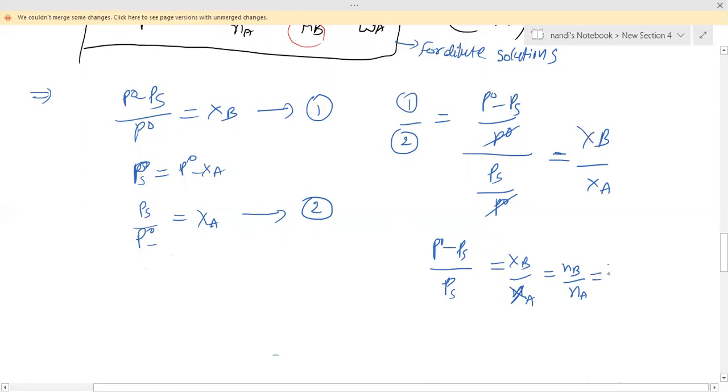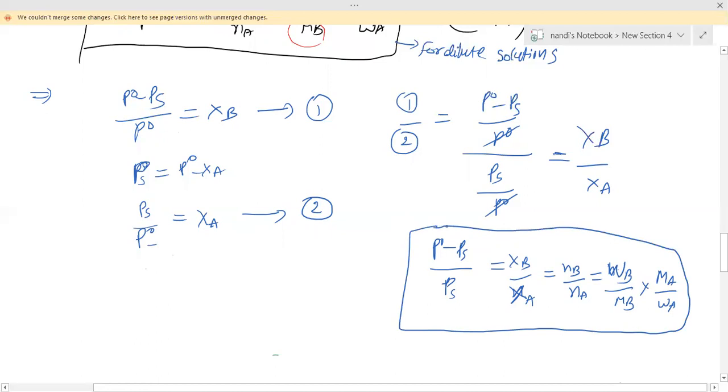NB by NA is again WB by MB into MA by WA. Here we didn't neglect anything, sir. You observe that, NA and NB by comparison, we didn't neglect.